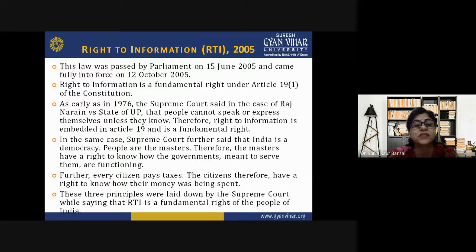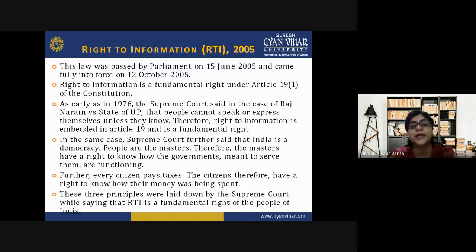Further, every citizen pays taxes. The citizens therefore have a right to know how their money is being spent. So, three principles were laid down by the Supreme Court while saying that RTI is a fundamental right of the people of India.